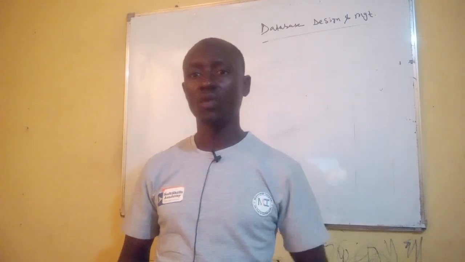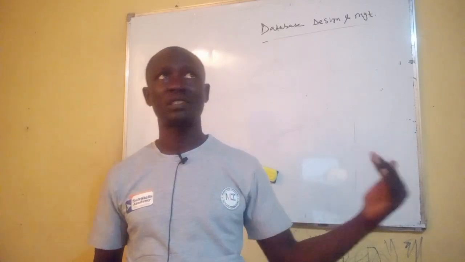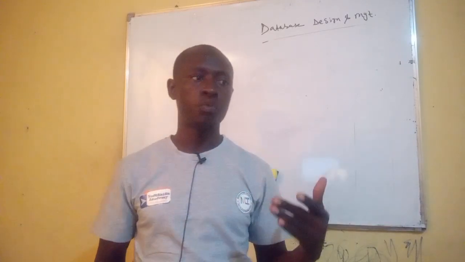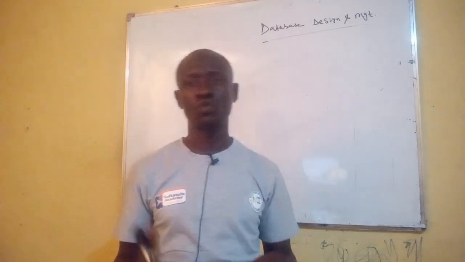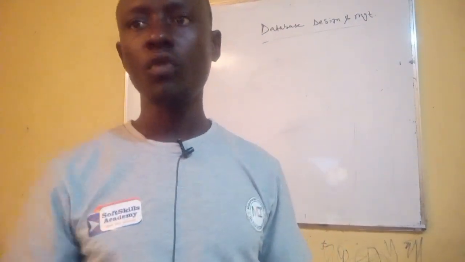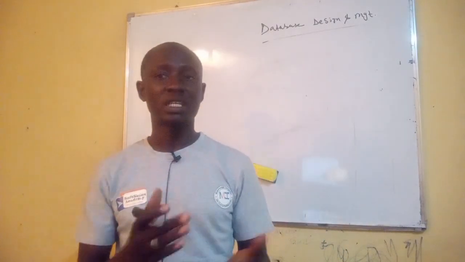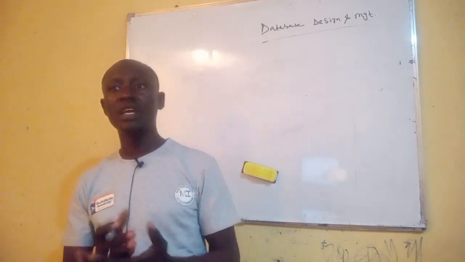Example, I know the NYSC portal where they have mirror servers. As you can see, if you are trying to move into the portal, sometimes it will give you 1, sometimes 2, sometimes 3. So it depends on the server you are moving to.